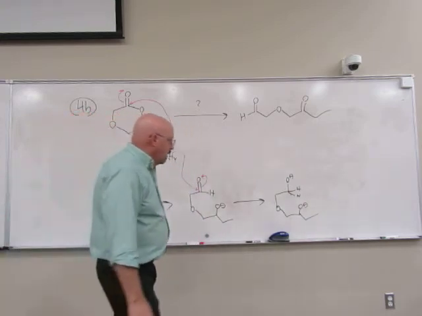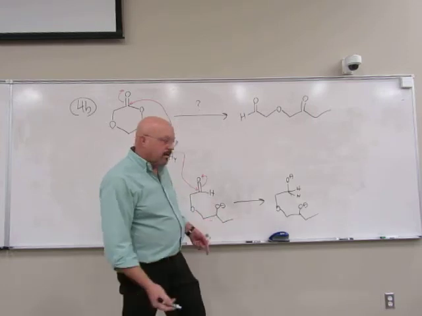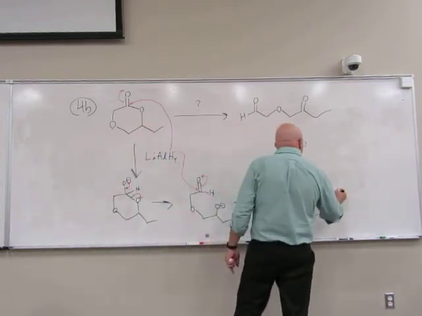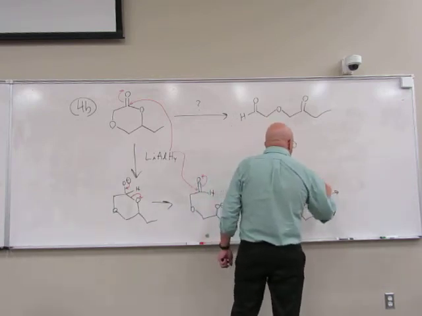Now let's acidify it, neutralize it. We add in some acid, or just water is good enough. That's acidic enough. We'll just put in some water or any acid, and that will protonate these to alcohol groups.